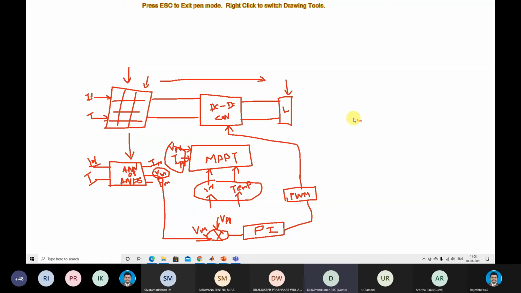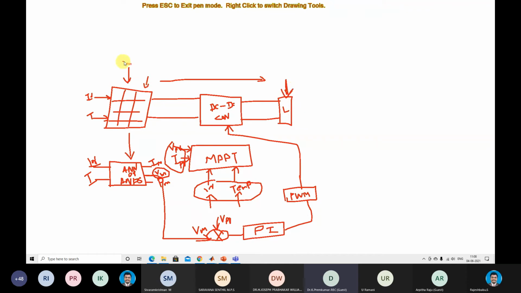By using that concept, you are going to make the source resistance equal to the load resistance by adjusting the duty cycle of the DC-DC converter. This is the concept of the MPPT algorithm here, right? So here we need to fix the output voltage requirement and load current requirement.